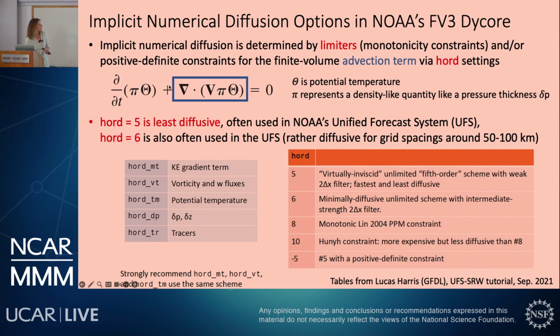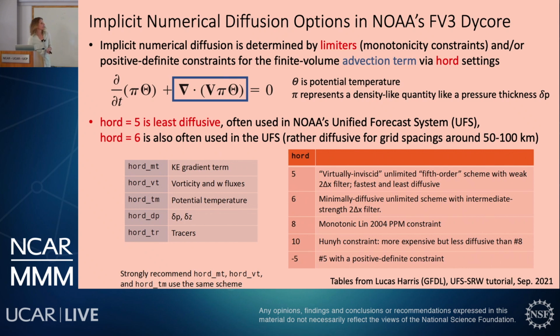This is now in conservation form, like a conservation law here for the potential temperature, sorry, multiplied by some density-like quantity. But this is really where numerical diffusion can act. This is basically providing, let's call them limiters, monotonicity constraints, positive definite constraints. So that's really all you should know.